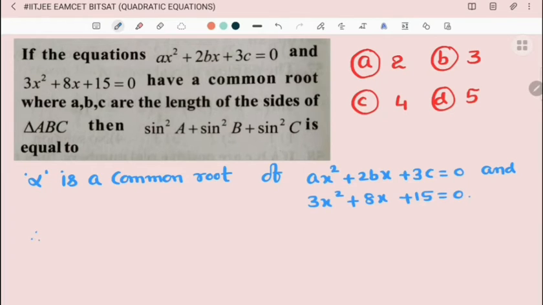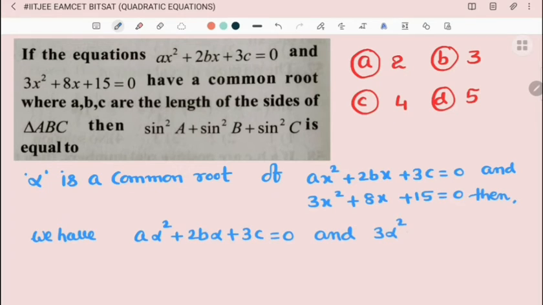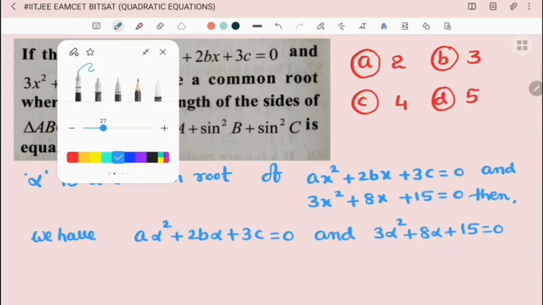So then we have a alpha square plus 2b alpha plus 3c equal to 0 and 3 alpha square plus 8 alpha plus 15 is equal to 0. I hope everyone understands.